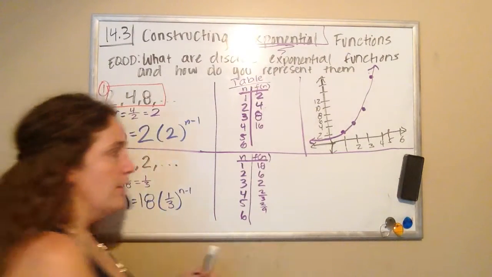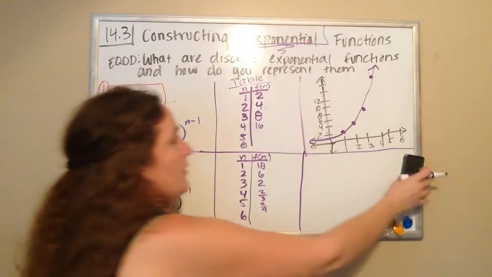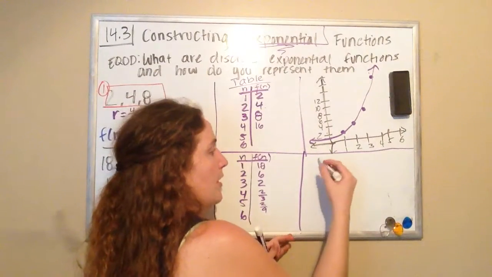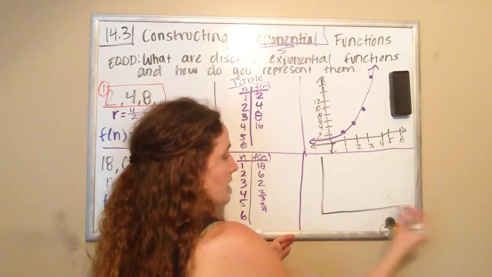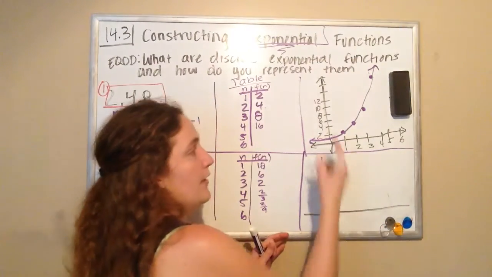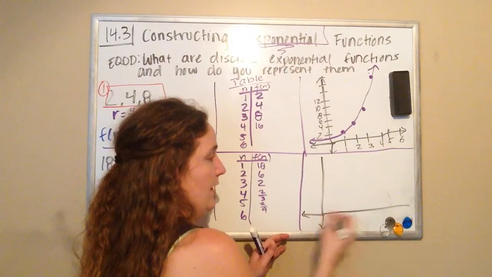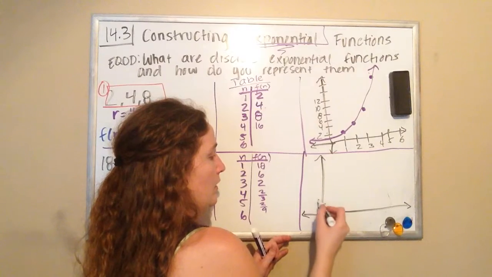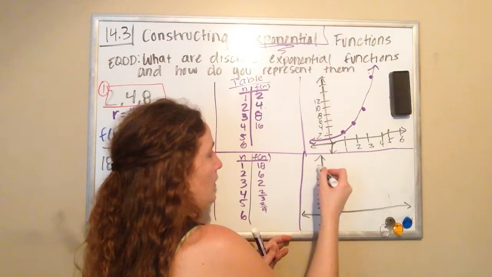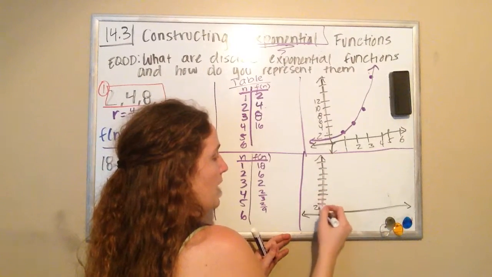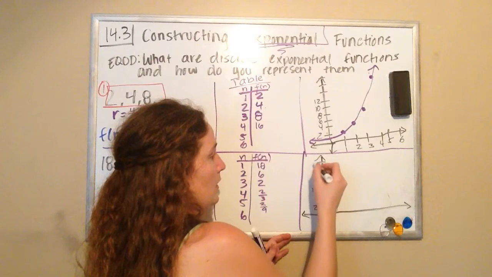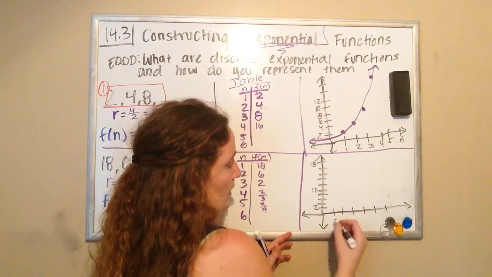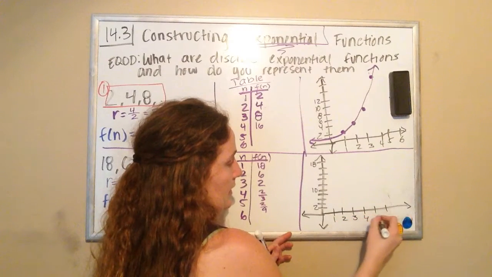Alright, when we graph this out, because that's another way that we can represent our function, just like we did up here, remember that we are actually dividing by something each time. So we're going to see how these two graphs are different when you have a ratio that's a division and a ratio that's a multiplication. I'm going to go by 2s on the y-axis, and I'm going to go by 1s on the x-axis.